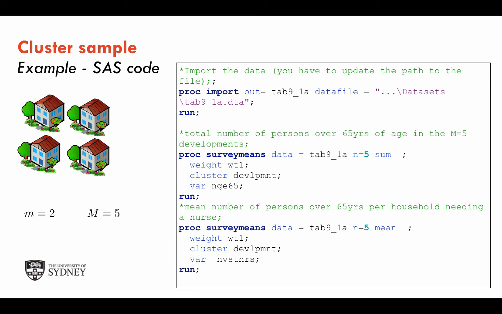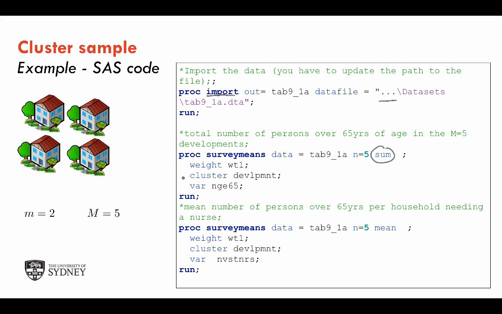Okay, so I'm going to start with SAS. So in SAS, as usual, we have to read the data. In this case, I'm going to import the data because it's in Stata format. Don't forget to change the path of the data set. And to estimate the total number of individuals with age above 65 in the population, I'm going to use the proc surveymeans with the option sum.